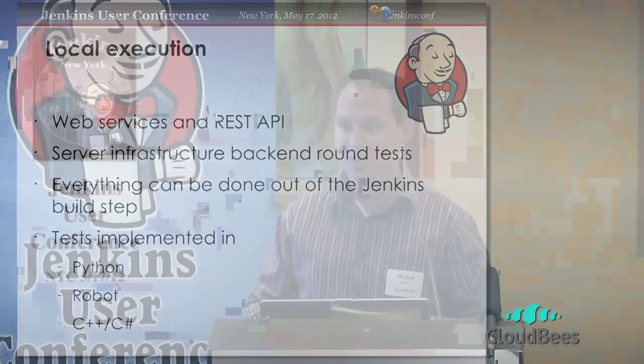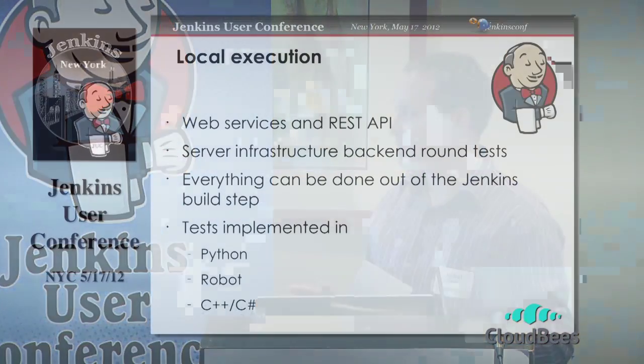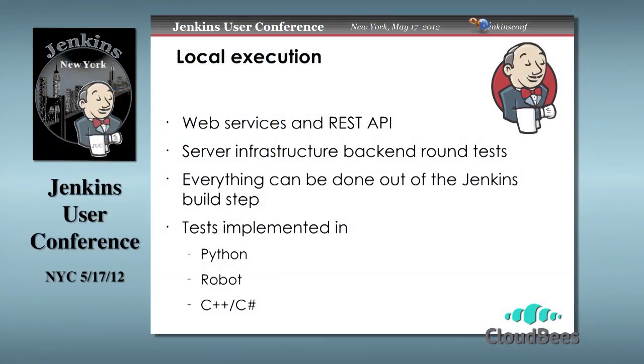These tests are mainly written in scripting languages. We are testing our web services applications, and REST applications, and our backbone server infrastructure. Tests are mainly implemented in scripting languages because these brought us much more.